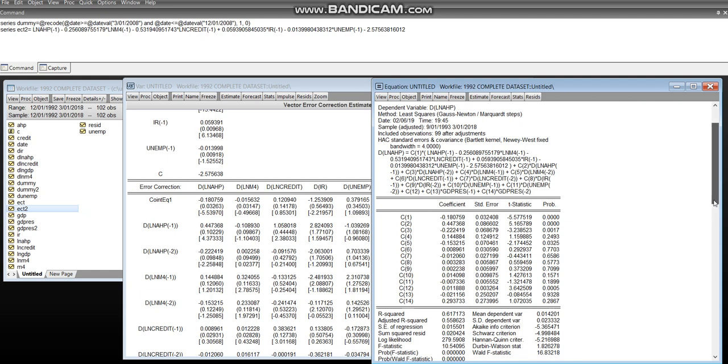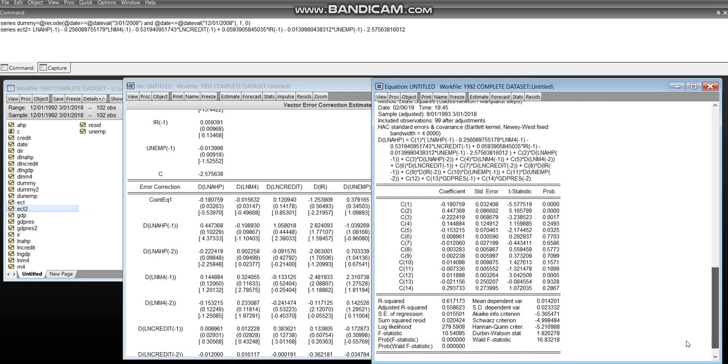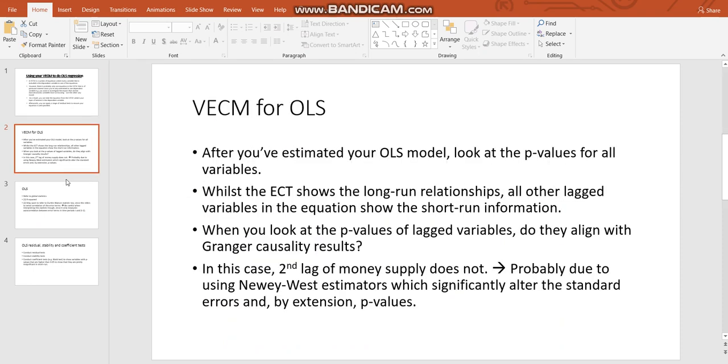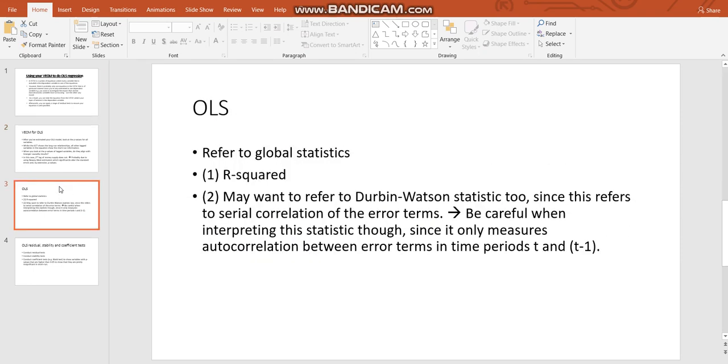And then finally we can make a brief reference to the global statistics. So in particular, we could talk about the R-squared value. Let's see if I've written down anything in my PowerPoint about this.